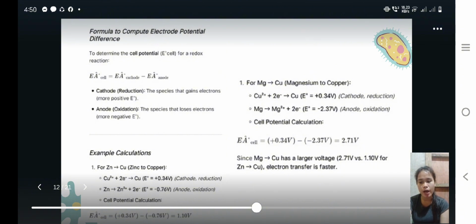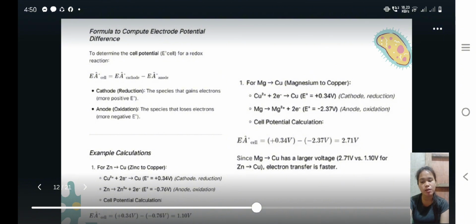So, the copper ion becomes copper because, since copper ion is 2+, it gains electrons, so they have both 2. So magka-cancel yon, right? So the E is given plus 0.34, di ba? As you can see here, the cathode is more positive E, that's why it is plus 0.34 volts.